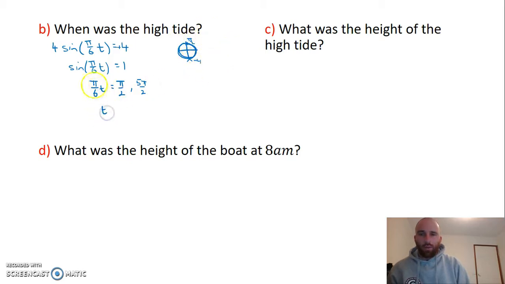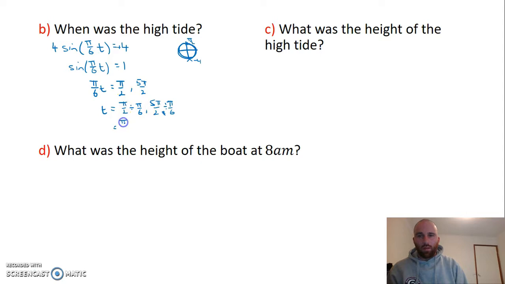Now I'm going to bring the pi on 6 across. So this becomes pi on 2 divided by pi on 6, comma 5 pi on 2 divided by pi on 6. Visualize that you're flipping it.